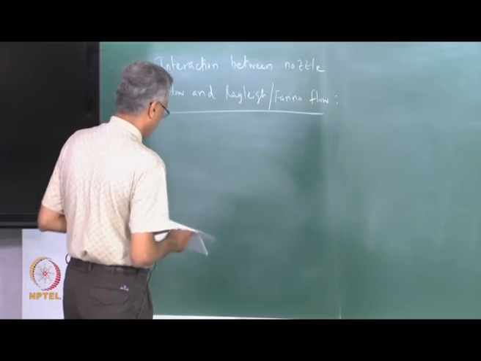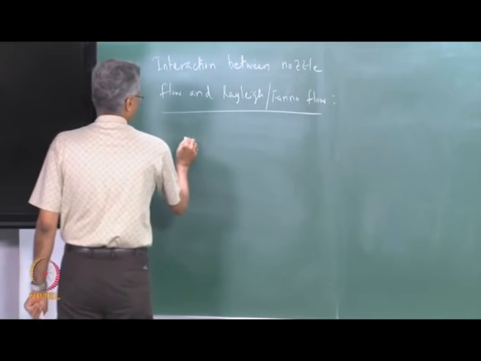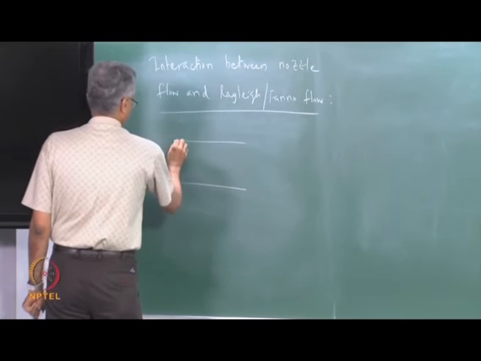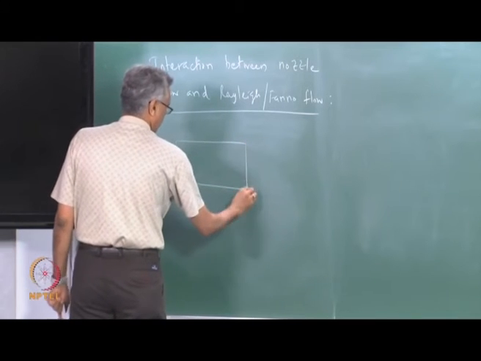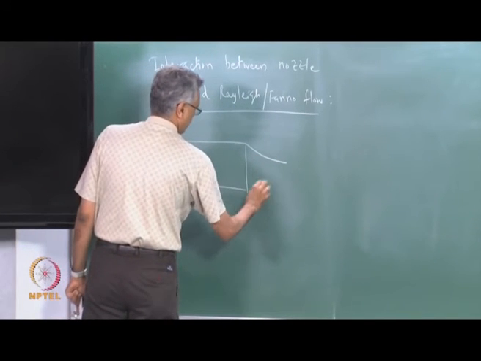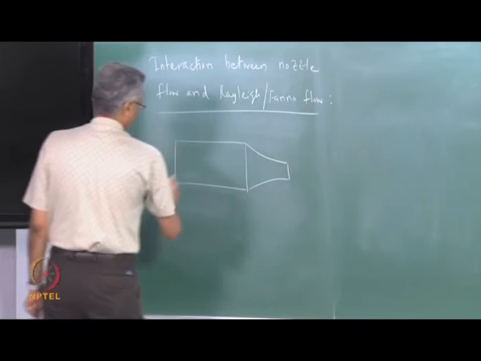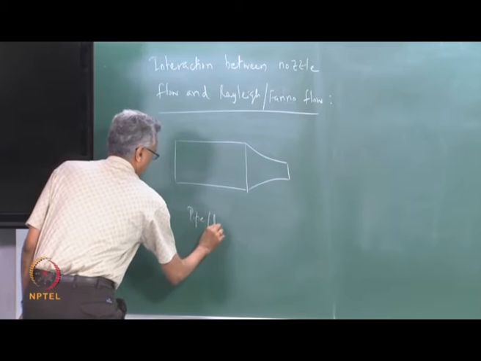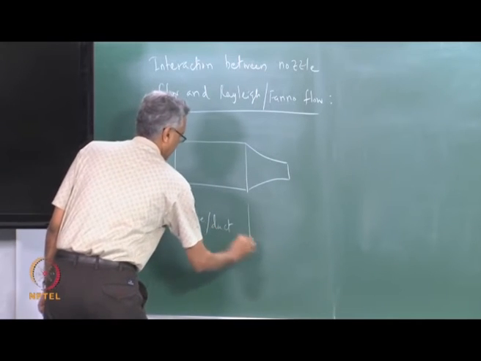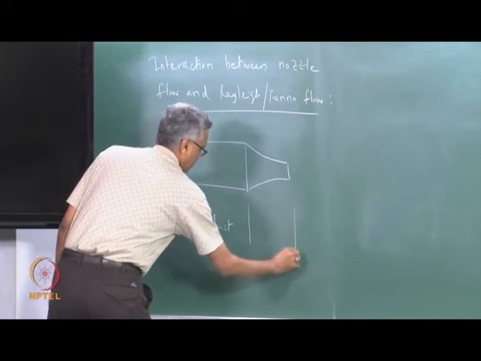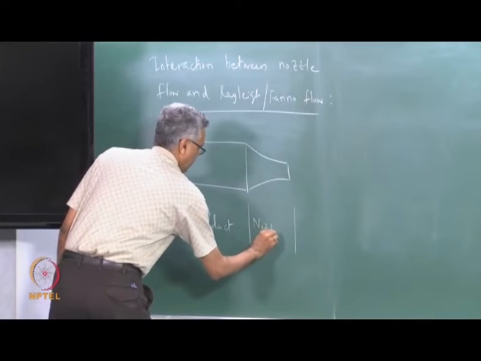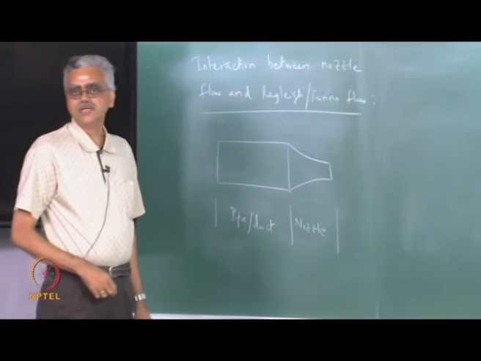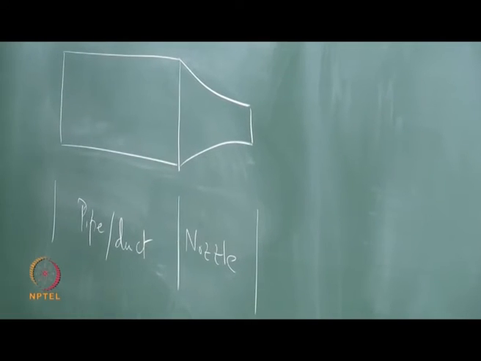So, we first start with a situation where we have a pipe or a duct, constant area, followed by a convergent nozzle, because we will also look at the situation when this is a convergent divergent nozzle, that is also possible.